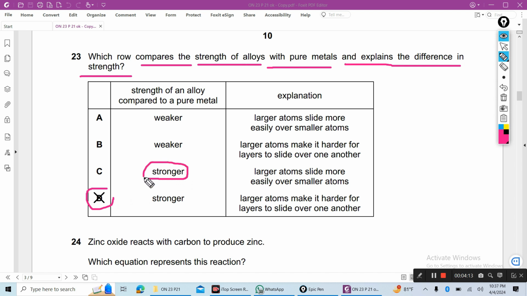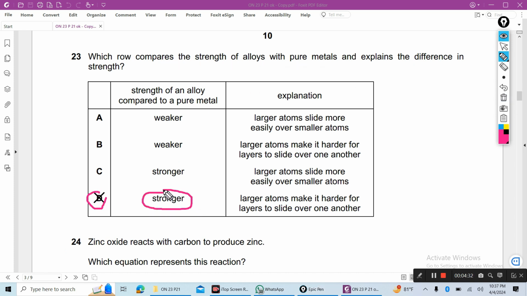This part is also true, but explanation why D is the correct answer: atoms of different sizes make it harder for layers to slide over one another. So alloy is harder than pure metal because alloy atoms are different in size, which makes it harder to slide over one another. So D is the correct answer.